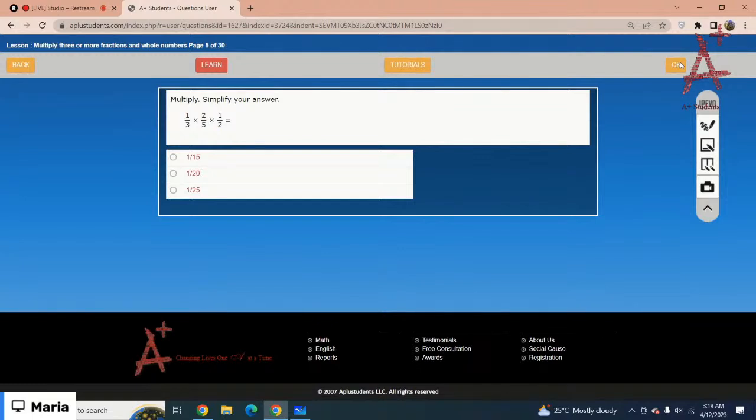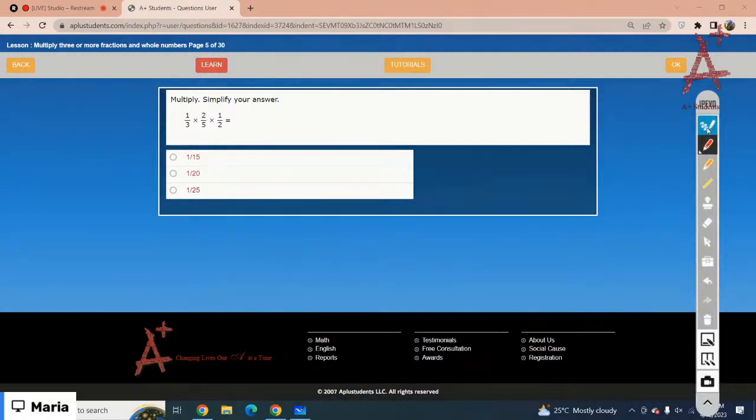Okay, 1 by 3 times 2 by 5 times 1 over 2. So which is the correct option? One easy way, let me just tell you: if you have the same number in the numerator and denominator when multiplying fractions, like here you have 2 and here you have 2, even if they are in different fractions, you can just cancel them out. 2 times 1 is 2.